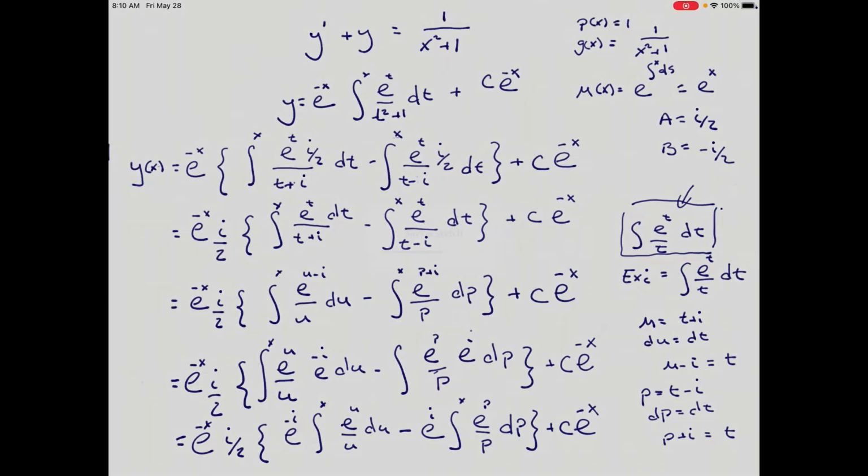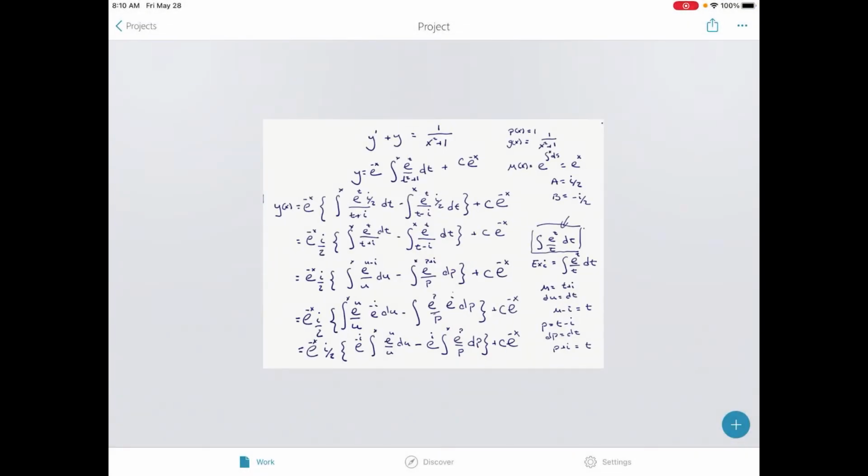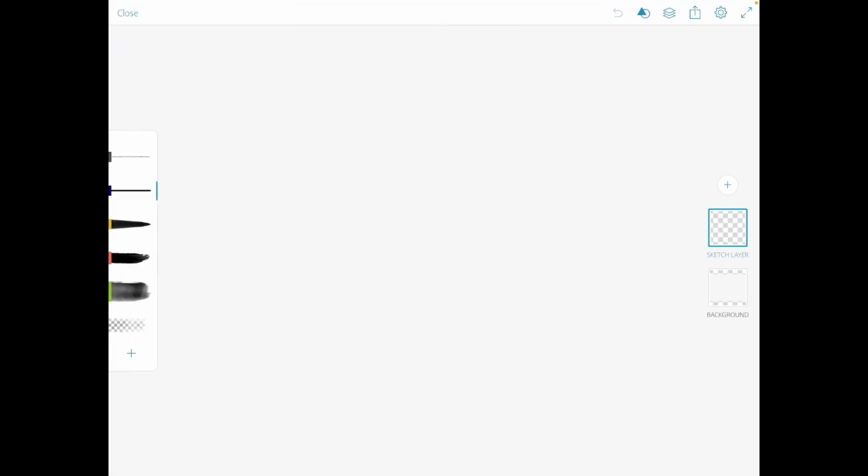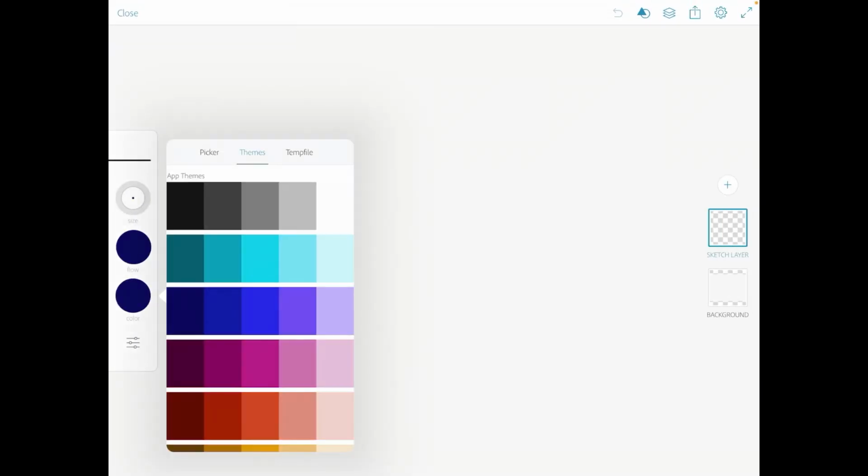So let's now give us a little room and rewrite our problem. Y of x equals e to the minus x times I on 2.